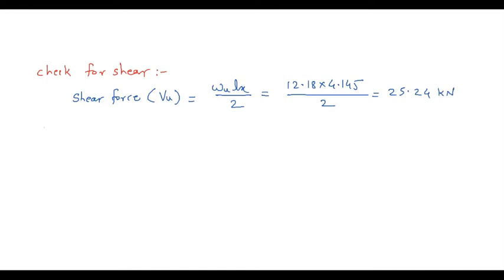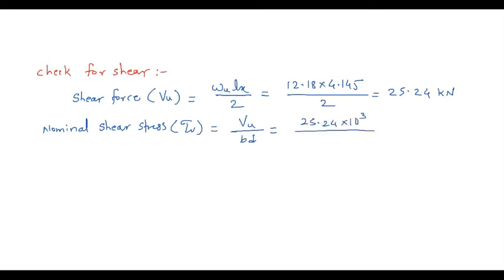Now calculate the nominal shear stress tau v, which is equal to Vu upon Bd, which is equal to 25.24 into 10 raised to 3 divided by B is 1000 into D is 145.